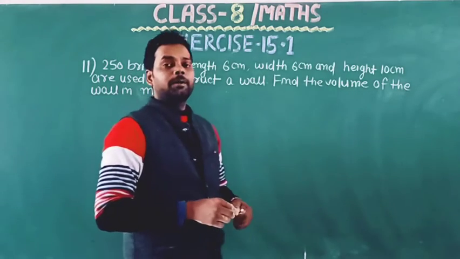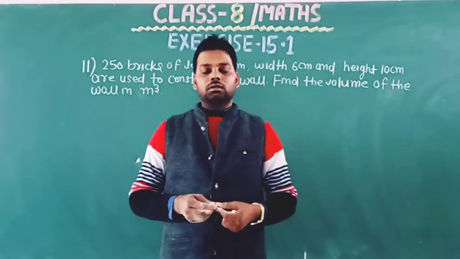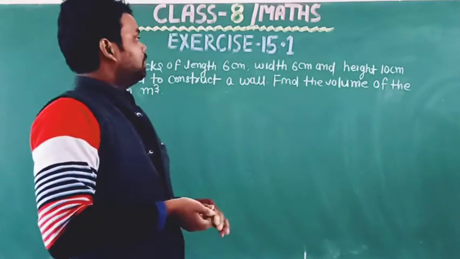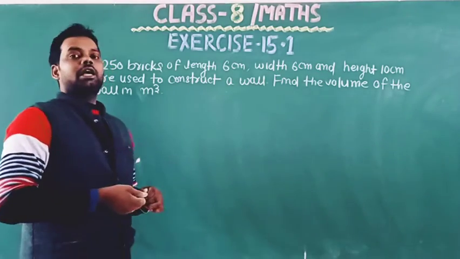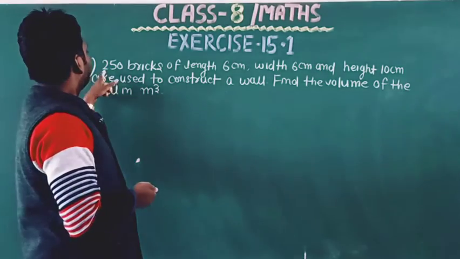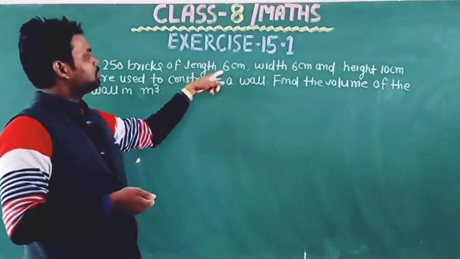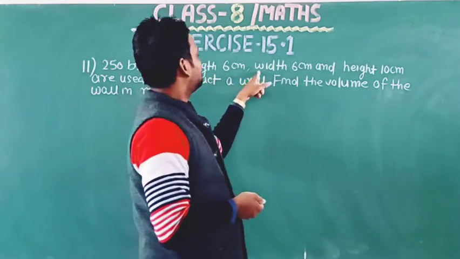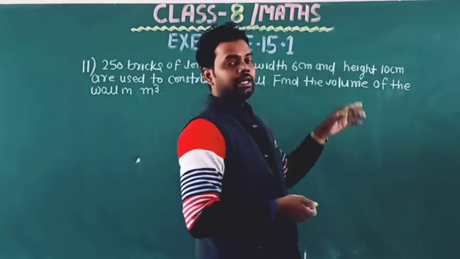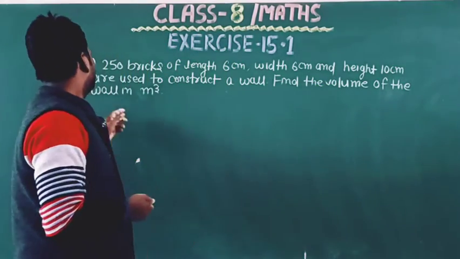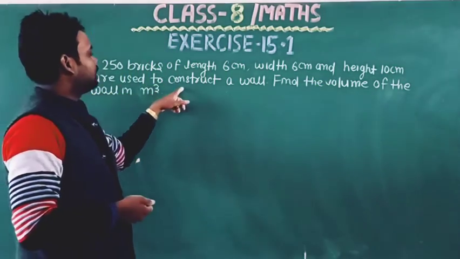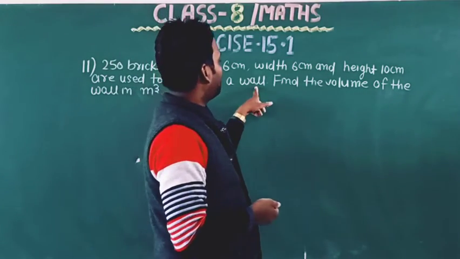Now move to question number 11. In this question, it has been said that 250 bricks of length 6 cm, width 6 cm and height 10 cm are used to construct a wall.